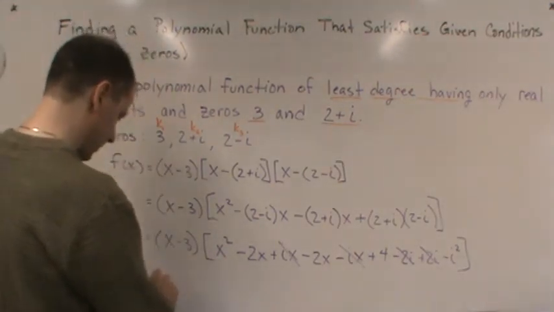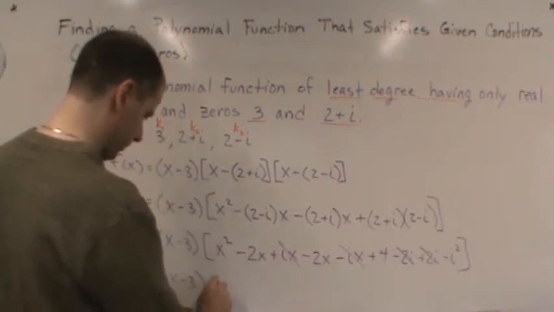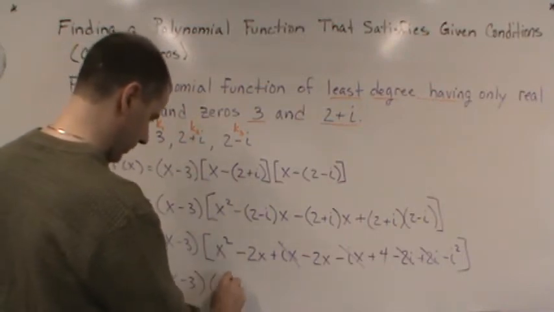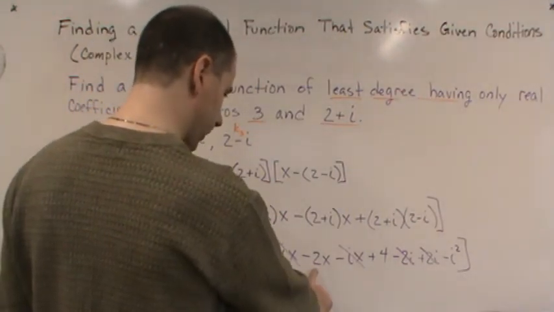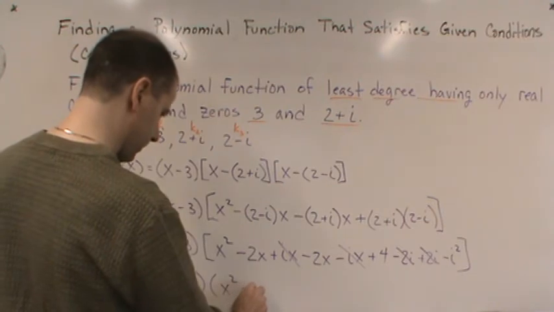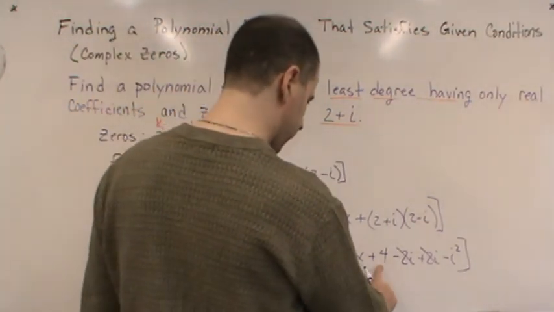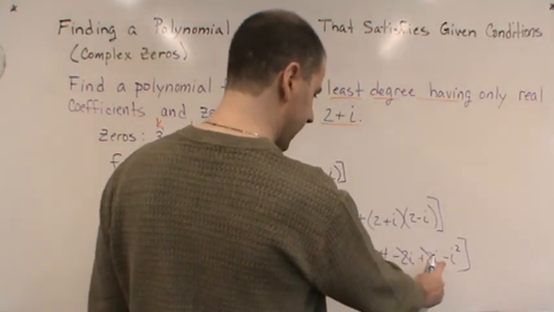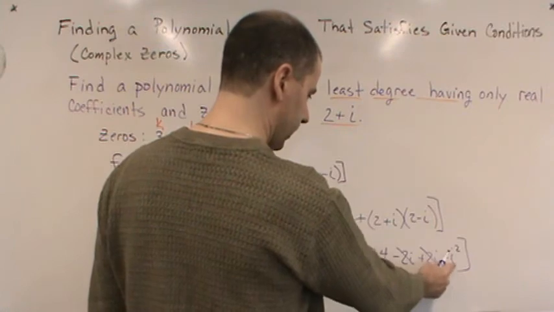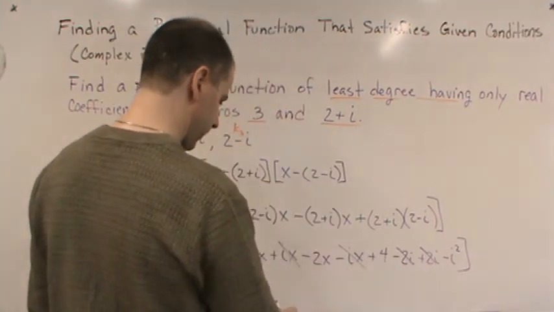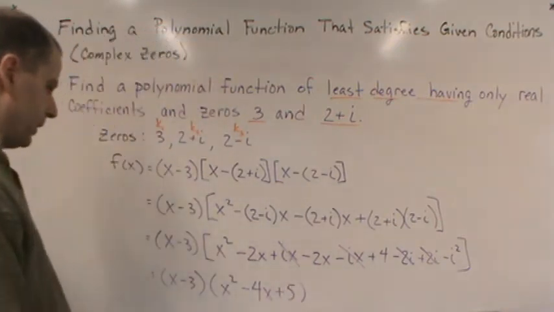I get x squared, and then this is going to give me a minus 4x. And then what happens here? This 4, well, this becomes a 1, right? Negative i squared. i squared is negative 1. So a negative of a negative 1 is positive 1. So I get 4 plus 1, which is 5. And now I get that.